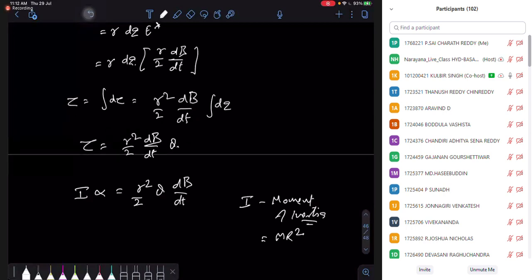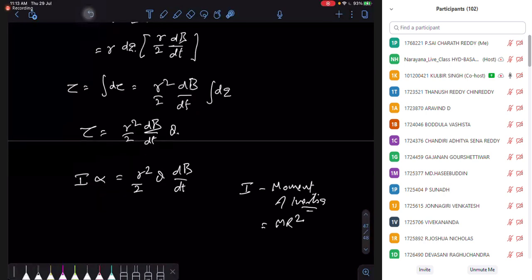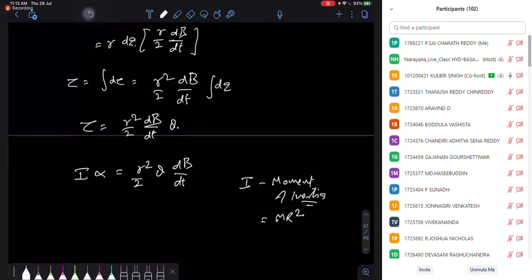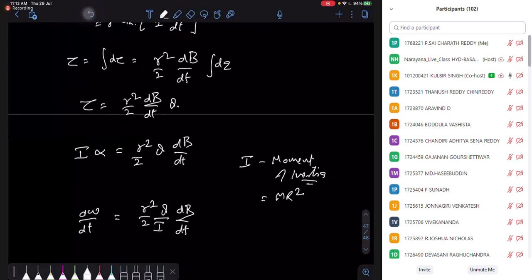We don't want the angular acceleration here. We want the final angular velocity. So it's quite easy. You can do the integration. Alpha is d omega by dt. And I can take it as r squared by 2 q divided by I, and dt is going to be cancelled out.